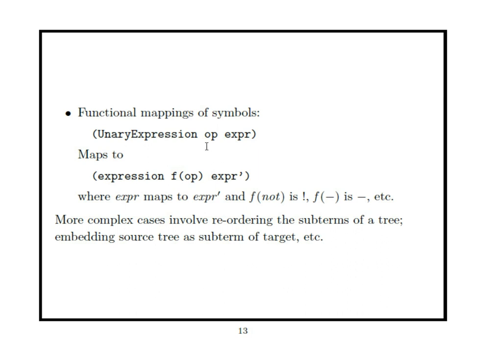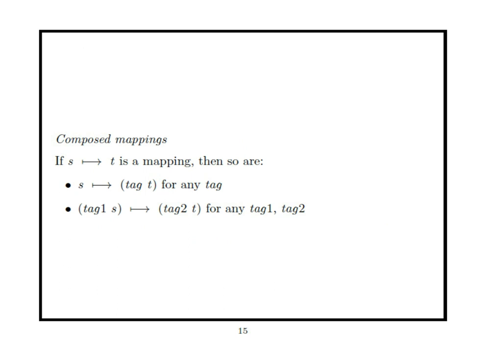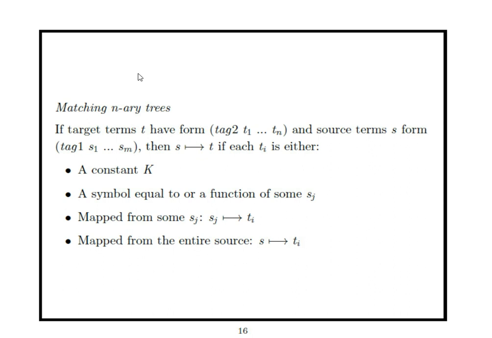We can also have functional mappings where some token in the source is mapped to a function of that token. For example, the operator symbol not in OCL becomes exclamation mark in Java. We can reorder the elements of a tree and we can generally change the tags, renaming tags, and do lots of different transformations.